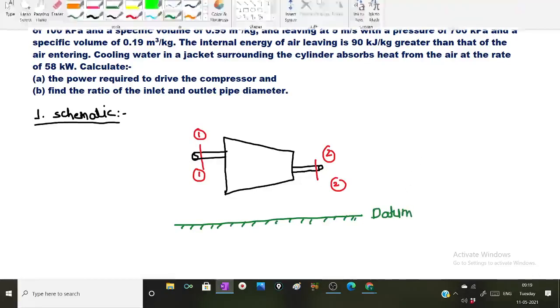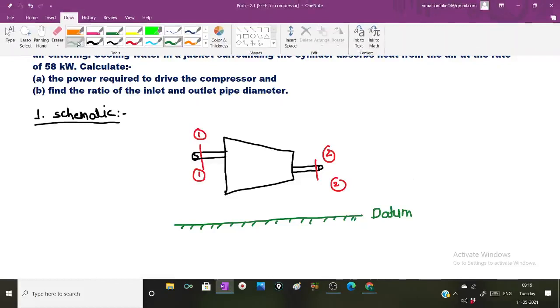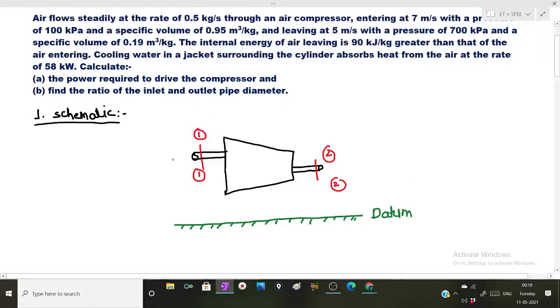Let's say the inlet is at some height Z1 from the reference datum and the outlet is at some height Z2.